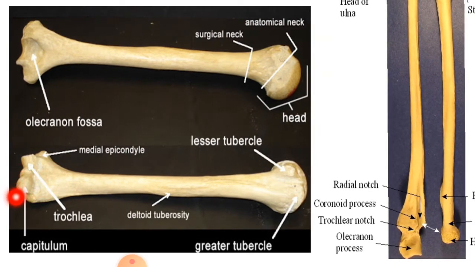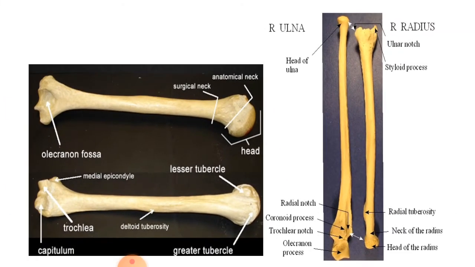This is the trochlea, which accommodates the trochlear notch of the ulna and takes part in the formation of the elbow joint. This is the capitulum, which accommodates the head of the radius and once again forms the elbow joint with the radius. These are the important landmarks of the articular surfaces that form the elbow joint.